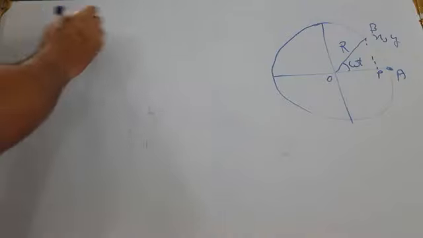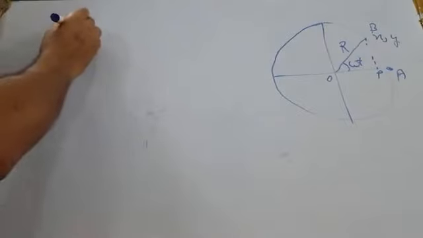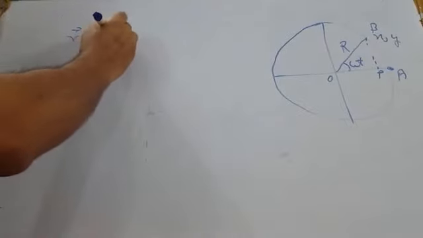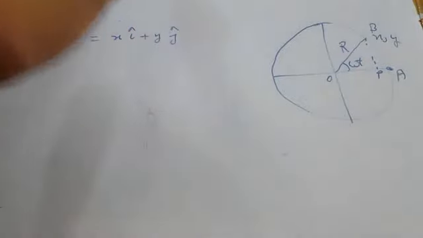Our aim is to calculate velocity and acceleration and their directions. What will be the magnitude and direction of velocity and what will be the magnitude and direction of the acceleration? We want to calculate that. The position vector of this point, whose coordinates are x, y, will be given by r equals xi plus yj.